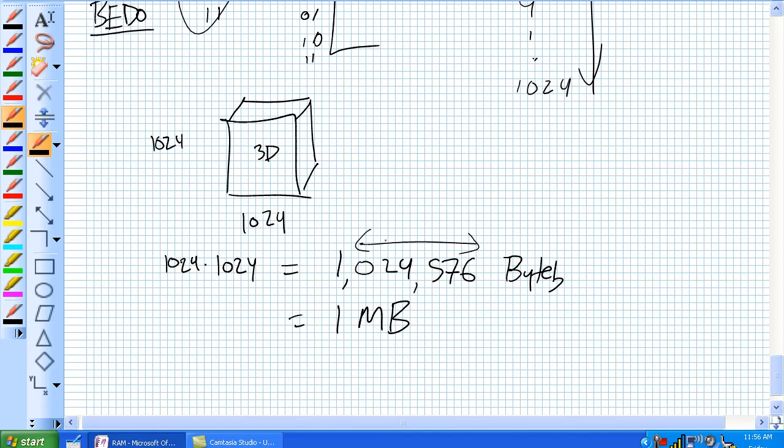I know that there's extra beyond a round million, but we're going to ignore it and just call it 1 mega, which is 10 to the 6th. But in computer speak, it's not really 10 to the 6th. It's 1,048,576, and that's 2 to the 10 times 2 to the 10, if you remember right from your ET 111 powers of 10.